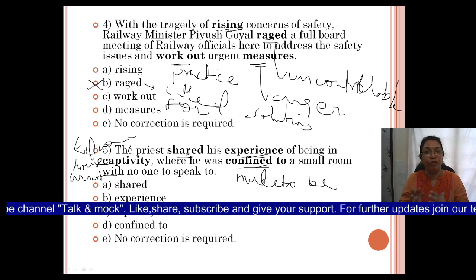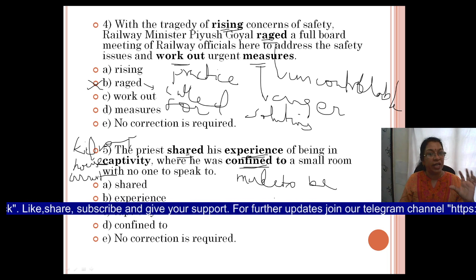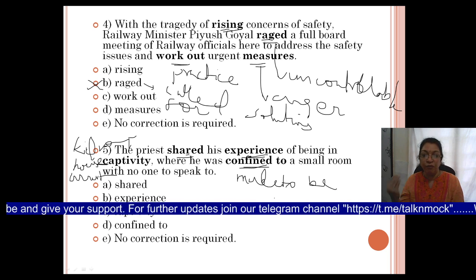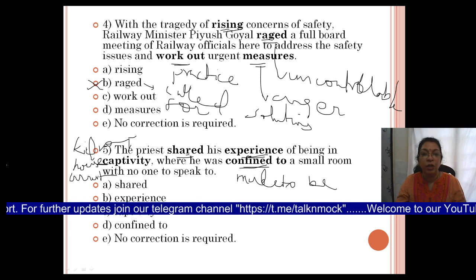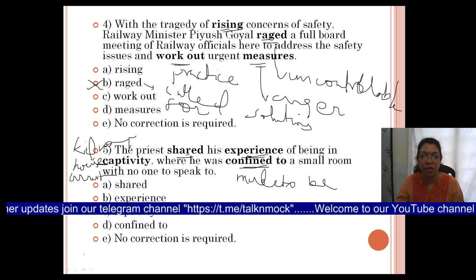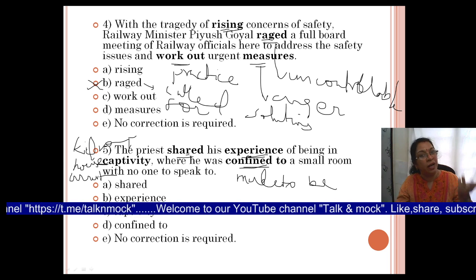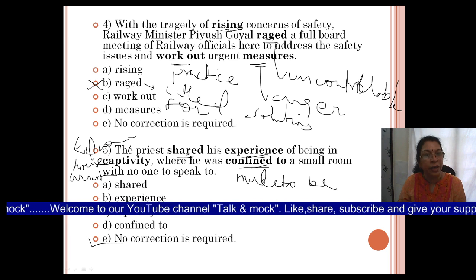So confined means restricted. So it goes with the word captivity. Shared goes with experience. Confined, controlled to be in a small place, goes with captivity, capture. So here all the 4 words used in the context of this sentence are right. So no correction is required.